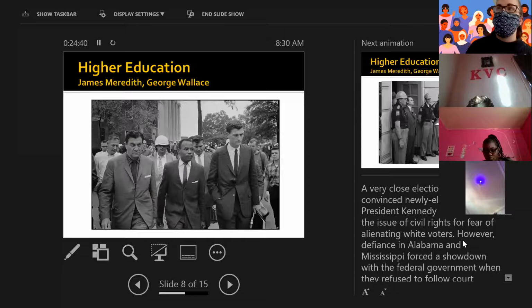Now, as we discussed earlier, public education had been desegregated. However, those decisions in Brown versus Board did not spread into higher education.